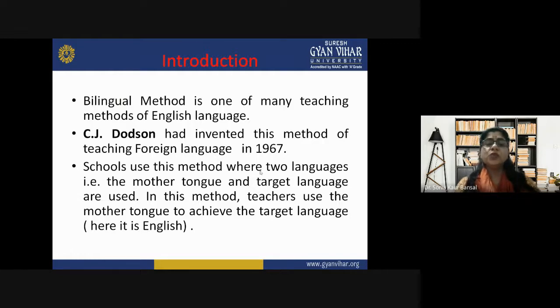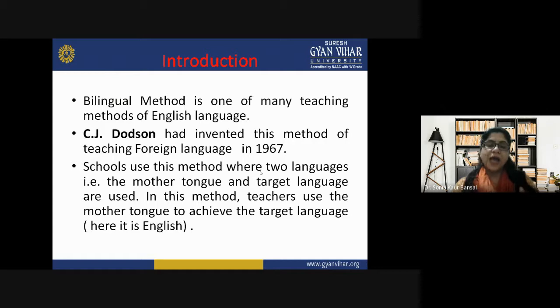Many schools in India use this method where two languages, that is mother tongue and the target language, are used. It is not only about English language, maybe it is about Sanskrit, French, German. So bilingual method is used by teachers as they use the mother tongue also to achieve the target language, and here it is English language we are talking about.